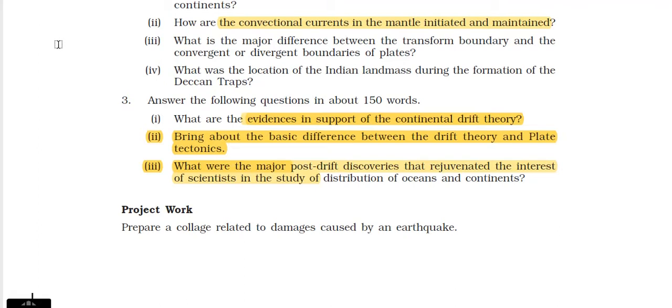The last question is, what were the major post-drift discoveries that regenerated the interest of scientists in the study of the distribution of the oceans and the continents? There are 4-5 points of interest among the major post-drift discoveries. One of them is that the ocean rocks are younger than the continental rocks.